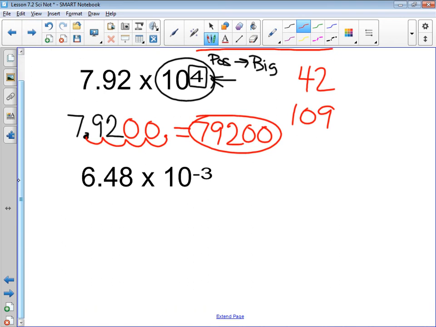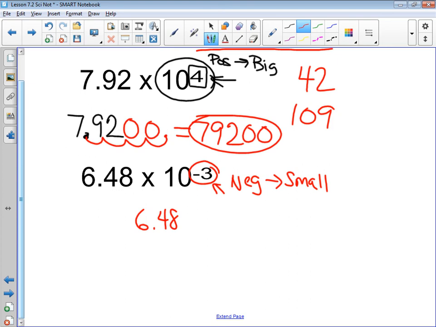Here's the second one, 6.48 times 10 to the negative third. The negative 3 tells me it's what kind of number? A really small number because the exponent is negative. So I start by writing 6.48. The 3 tells me I'm going to move it 3 places, and the negative tells me I'm going to make it a smaller number.